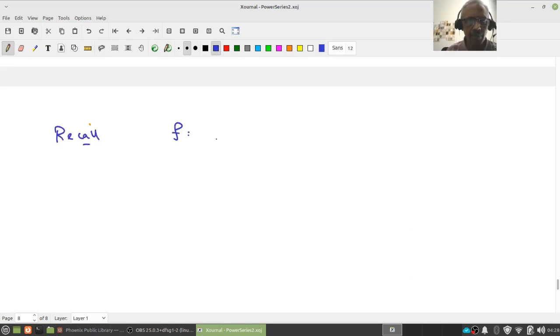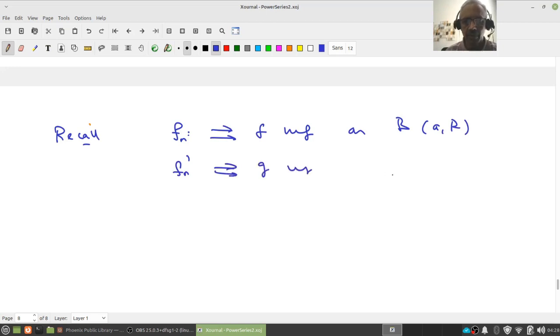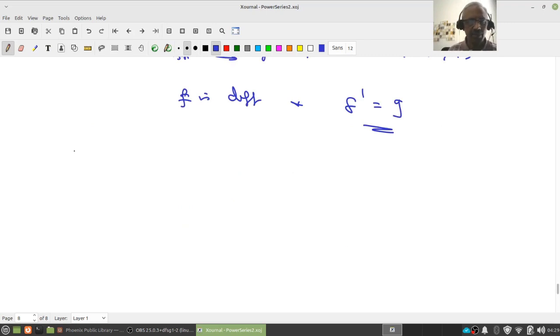If you have a sequence of functions which converge uniformly on some disk and the F_n dash converges uniformly on the same disk, then we know that F is differentiable and F dash equals G. Therefore, what have I proved?